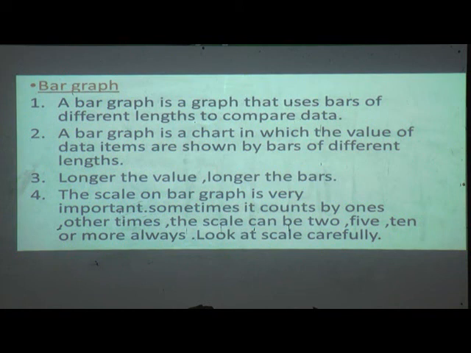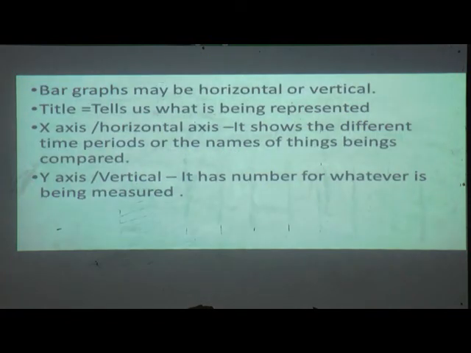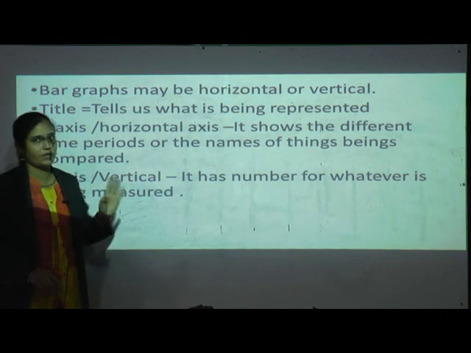The scale on a bar graph is very important. Sometimes it counts by ones. Other times the scale can be 2, 5, 10 or more always. So look at the scale carefully. Bar graphs may be horizontal or vertical. Students, it can be horizontal or vertical.